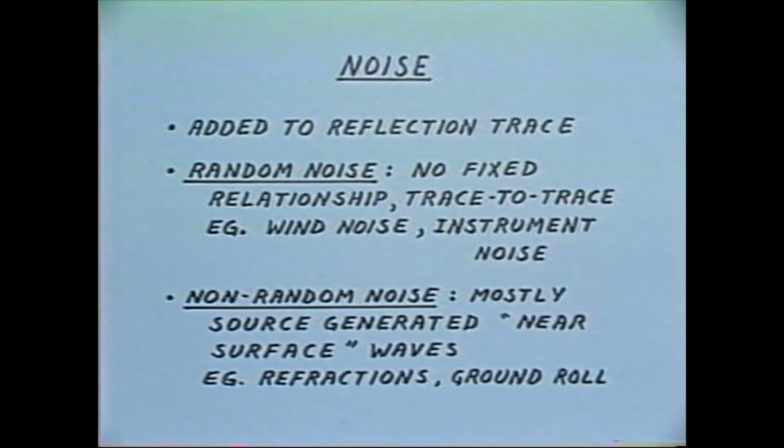Any wind would blow directly on the receivers sitting on the surface in land recording, or the wind may cause movement of trees and bushes on the surface, which again causes very slight movements of the earth, and the very sensitive recording system picks up this movement of the earth, and it appears as noise on the seismic traces. In the case of marine data, the wave action on the surface generates a certain amount of noise which is picked up by the seismic receivers.